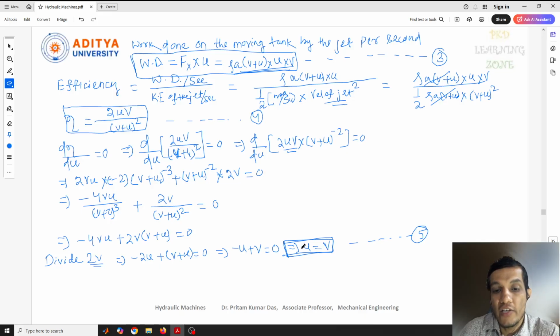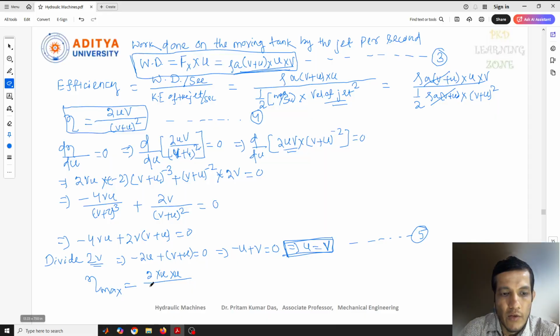That means the velocity of the tank is equal to the velocity of the jet. When they are equal, we get the maximum efficiency. Putting this value in the above equation, maximum efficiency equals 2uv divided by (u plus v) square, which is 2u square over 4u square.